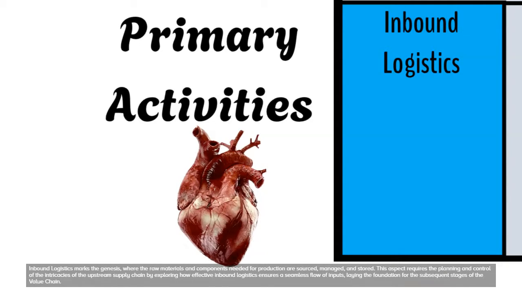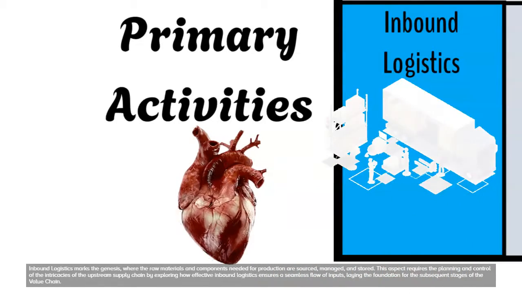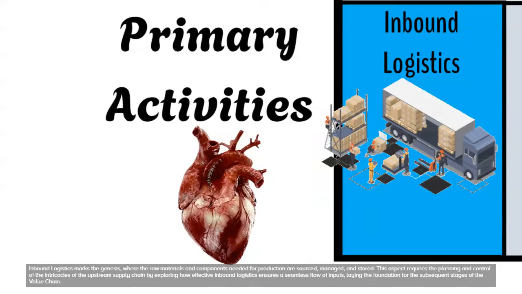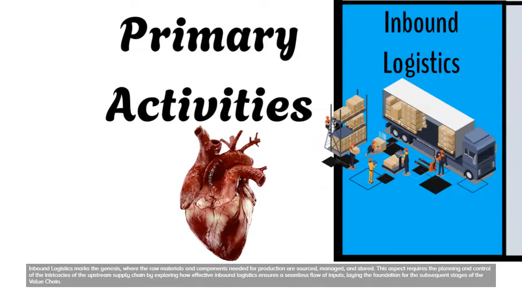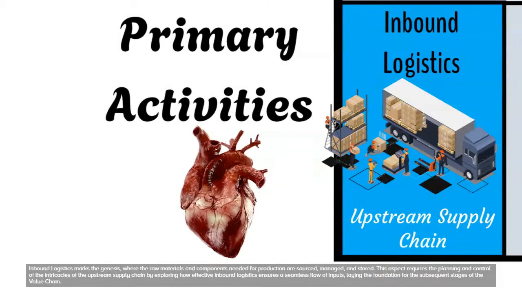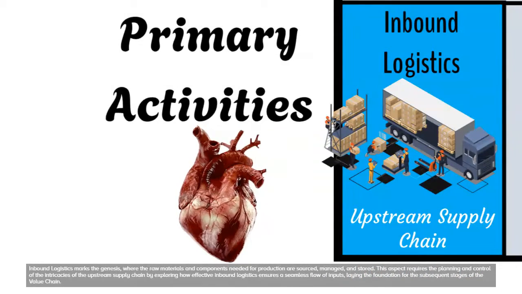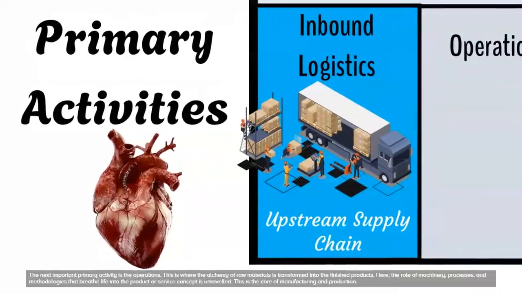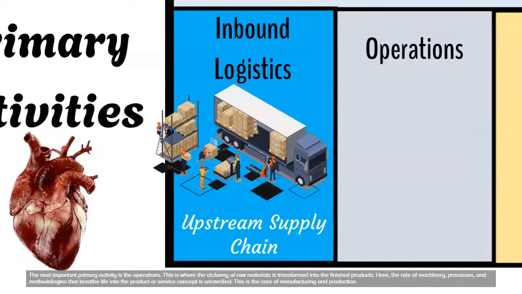Inbound logistics marks the genesis, where the raw materials and components needed for production are sourced, managed, and stored. This aspect requires the planning and control of the intricacies of the upstream supply chain. By exploring how effective inbound logistics ensures a seamless flow of inputs, laying the foundation for the subsequent stages of the value chain. The next important primary activity is the operations.